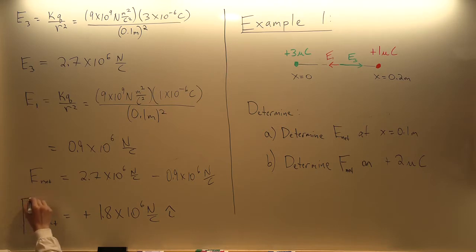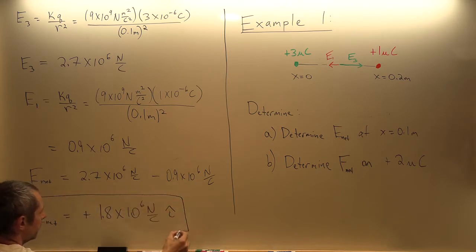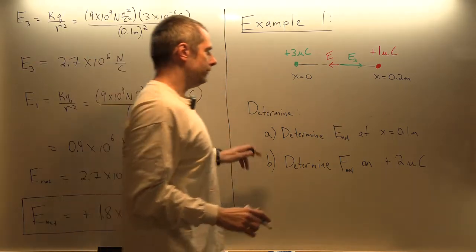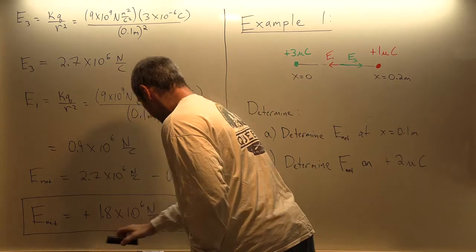So I write positive 1.8 times 10 to the 6 newtons per coulomb i hat, and that means to the right. So I've just solved part A.